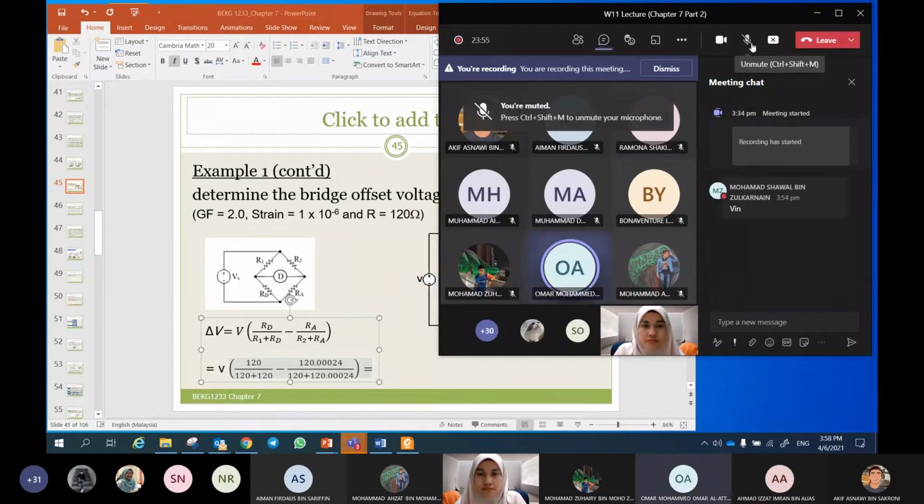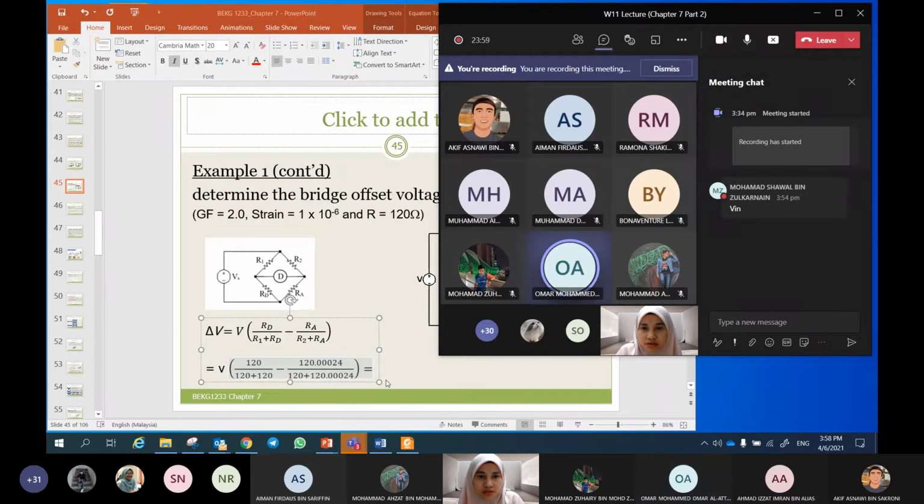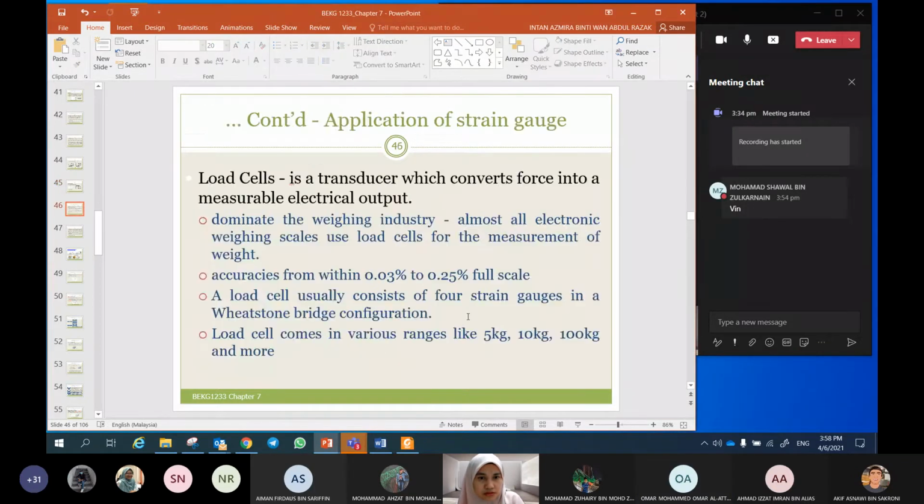Doctor, can I see the voltage of source? Please type here what is the value of delta V.